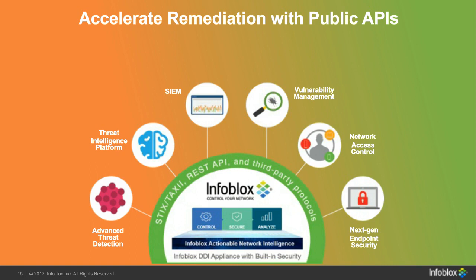So all the different security tools that customers have invested in are now actually working even better because they now have visibility into DNS-based detection, DNS-based security events that have been detected. And that information is now being used for correlation as well.